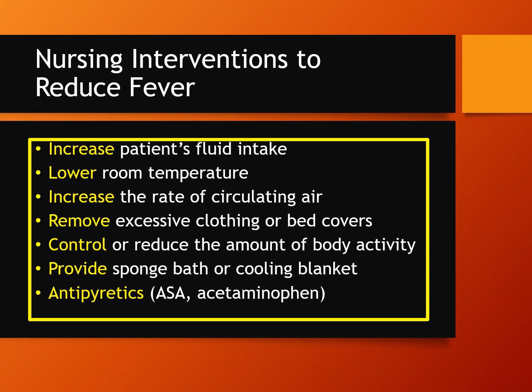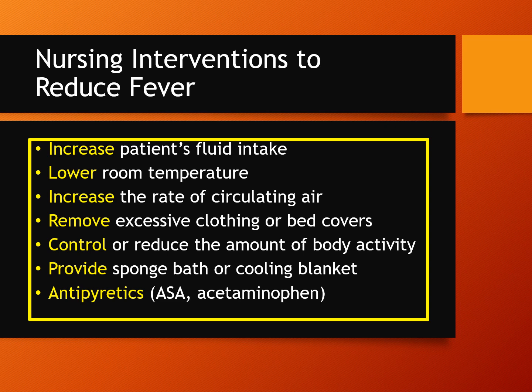So some interventions to reduce fever. If someone has a fever, they're hyperthermic or febrile, you want to increase their fluids, because if their temperature is really high, it's going to cause them to get dehydrated much, much quicker. You want to lower the room temperature.